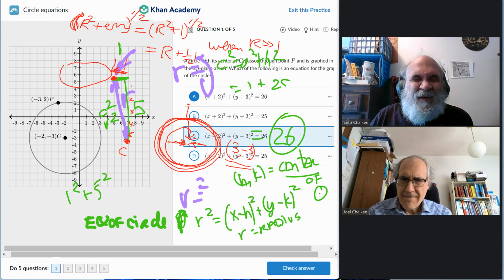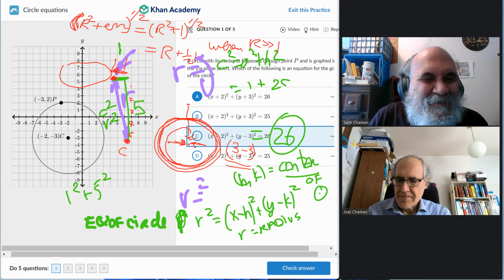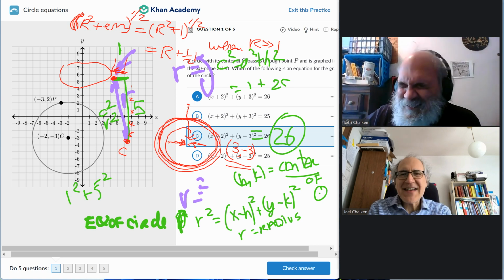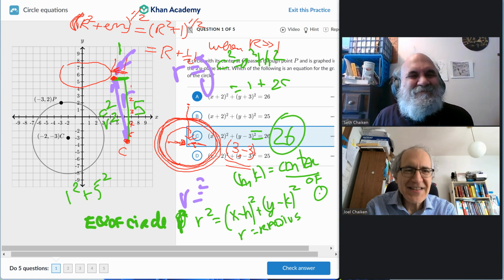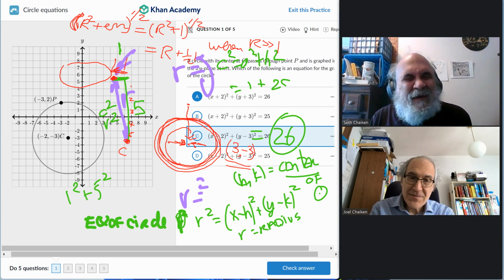And here r is about 5. So you're just saying the error is about 2% in the radius. Yeah, that's what you're saying, right?